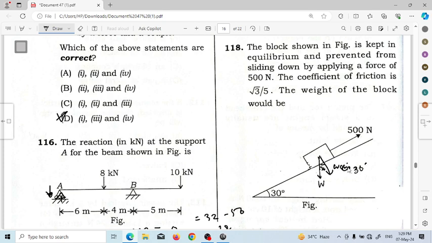Sorry, this is W cos 30. W sin 30. And the friction acting to prevent the sliding motion is downward. So F is equal to mu into N. N means W cos 30.